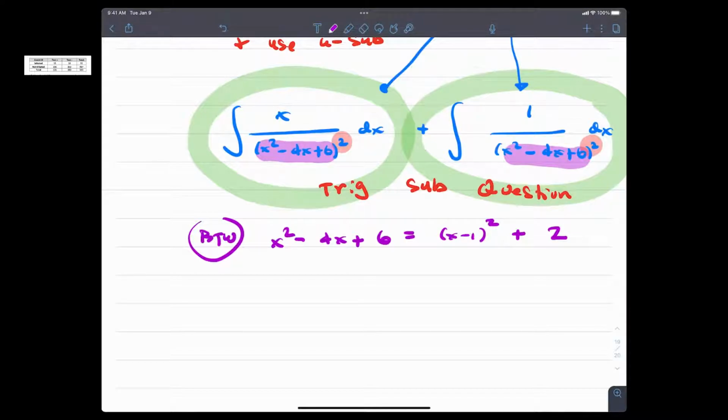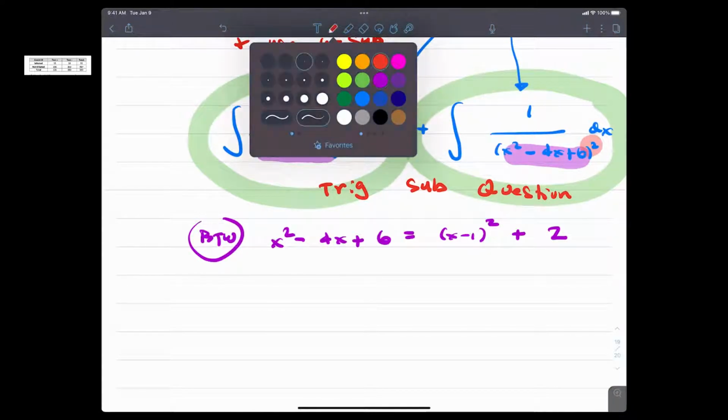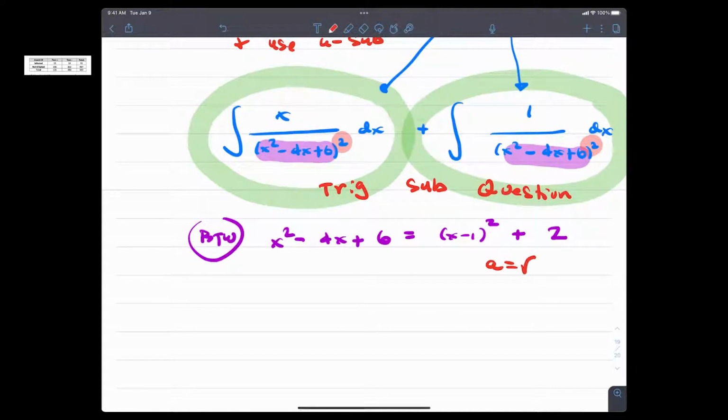So a is going to be the square root of 2, you'll see a is the square root of 2.